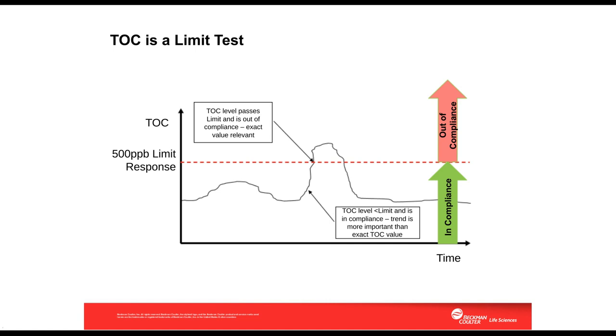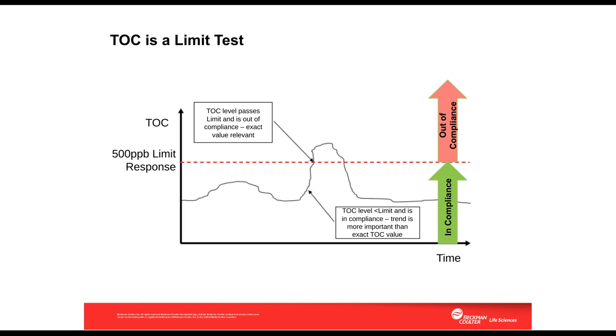USP 643 states that TOC is a limit test, and that means that the levels of TOC in a sample must not breach the defined limit, which is the response of the TOC analyzer to a 500 ppb standard made up from USP traceable sucrose. So in other words, whatever the TOC result the analyzer gives in response to testing the USP traceable 500 ppb carbon sucrose becomes the maximum limit of TOC allowable in the water system.